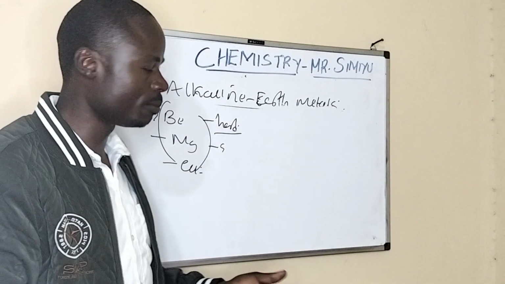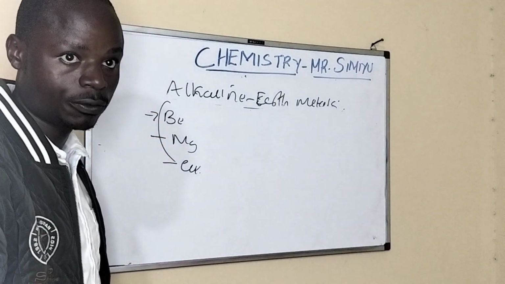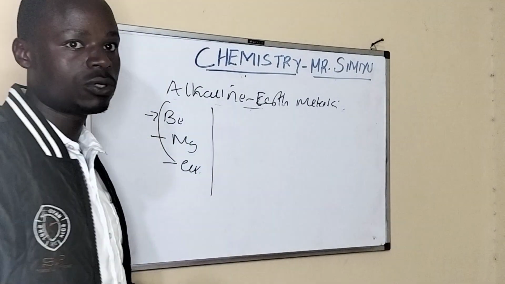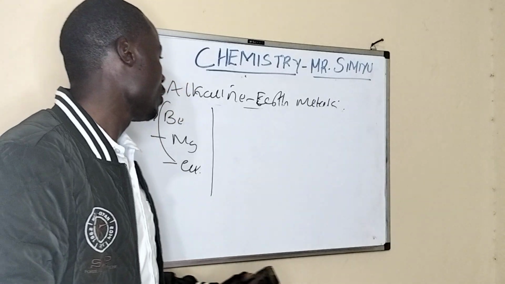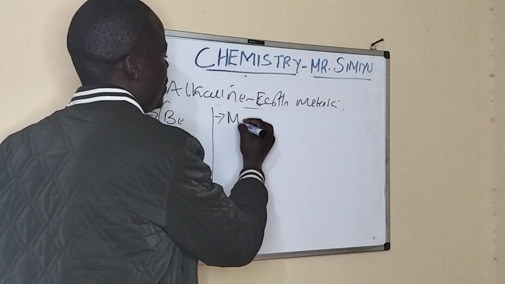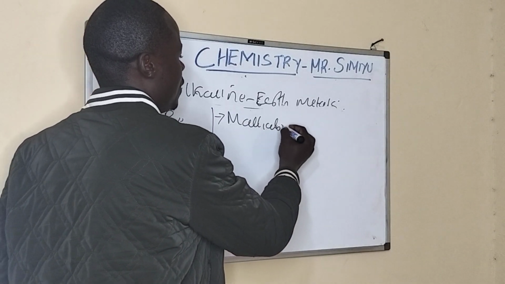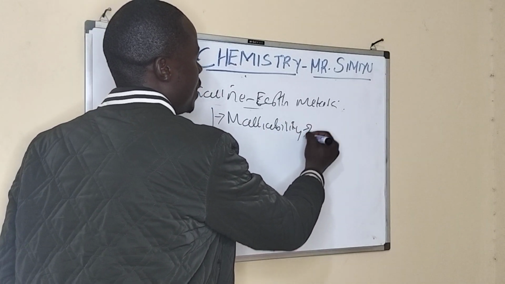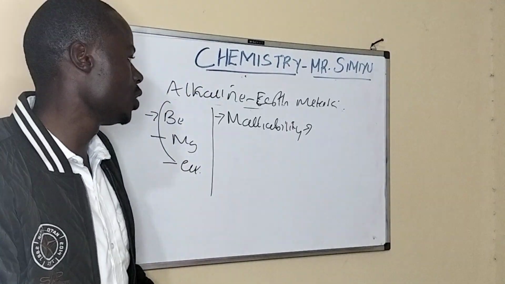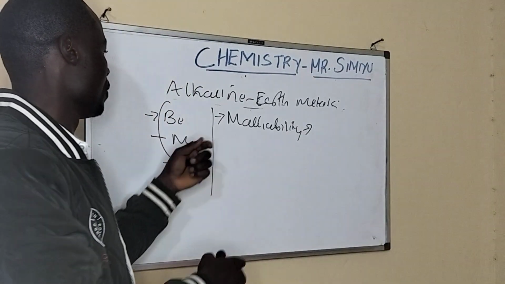We have said that the alkaline earth metals are very soft, and can be cut using a knife or by hand. For example, they can be hammered into sheets. They are malleable. Malleability is the ability of a metal to be hammered into sheets. They are also brittle, like beryllium, which is very brittle.